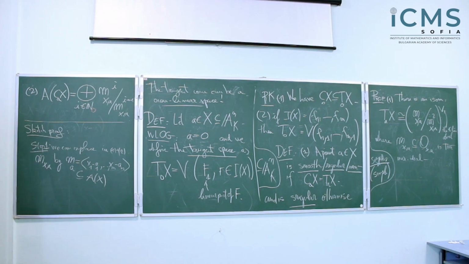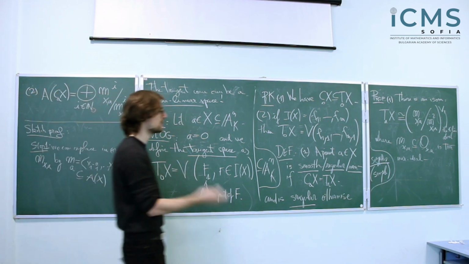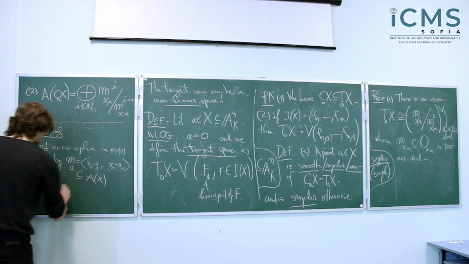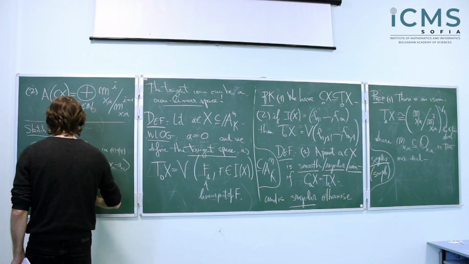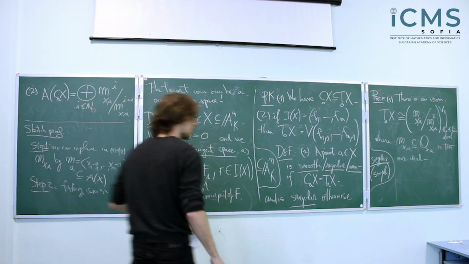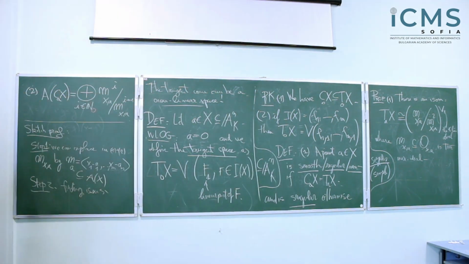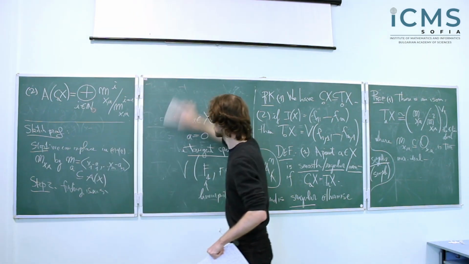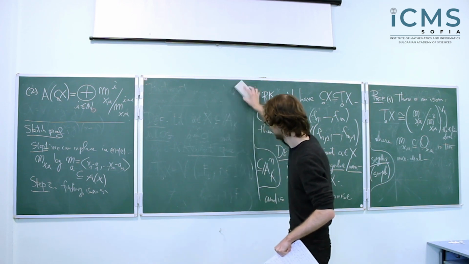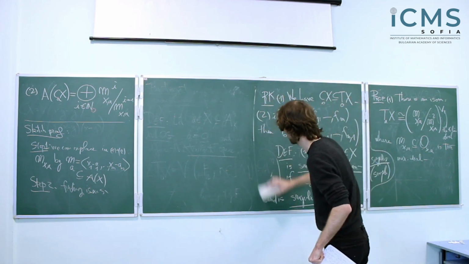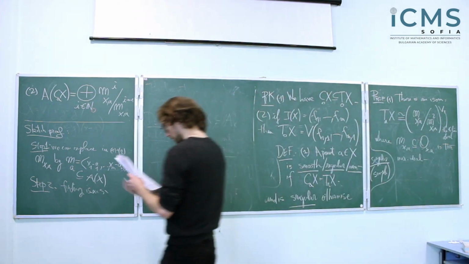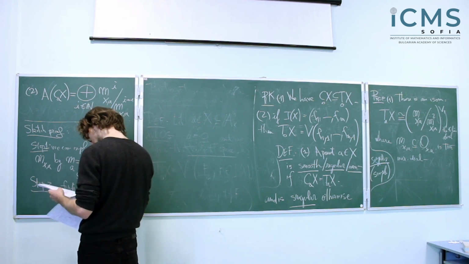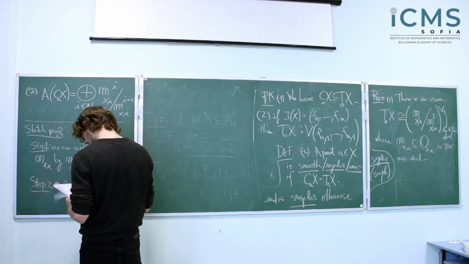Then step 2 amounts to finding specific isomorphisms between these things. So I'll just give the basic one, in dimension 2.